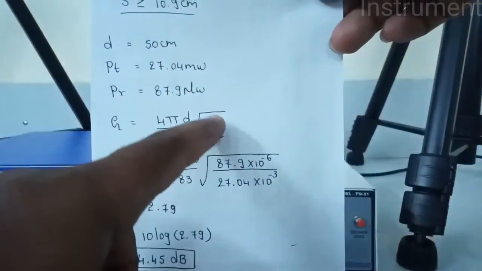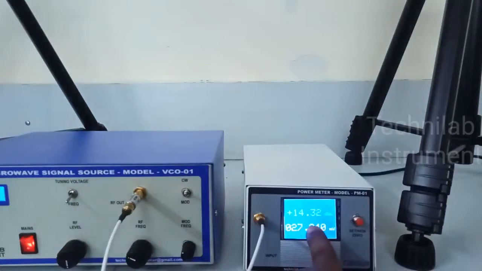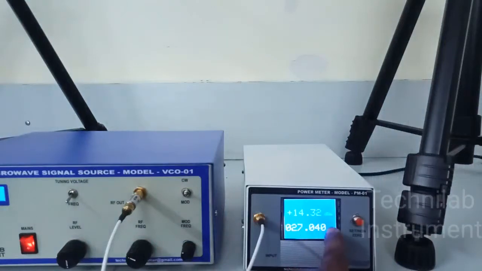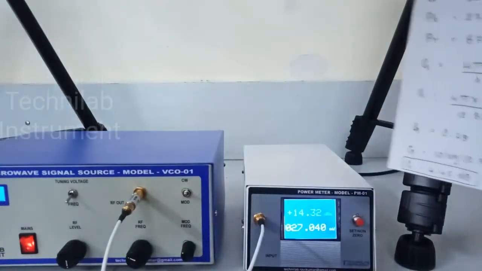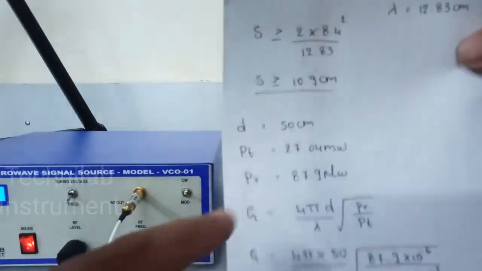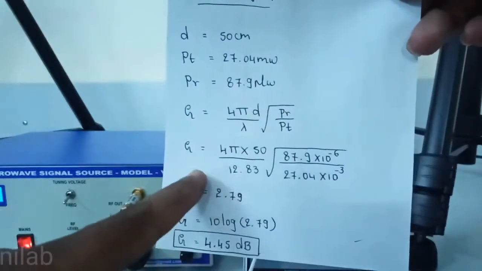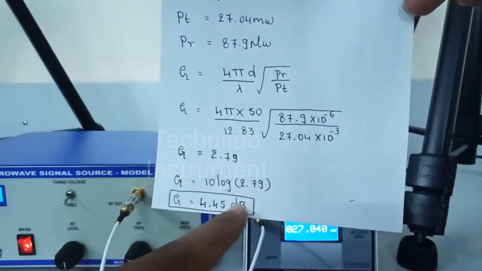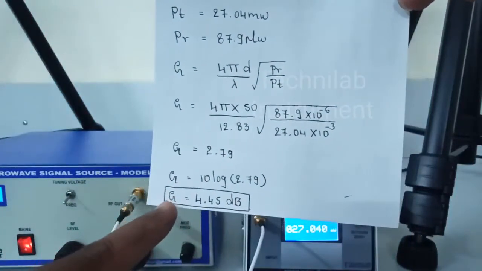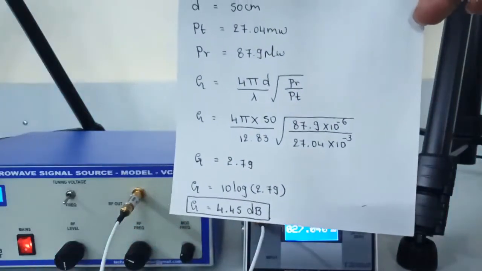When you note down power, here we have two scales: one is dBm, one is power in watts. dBm, again you have to convert into milliwatts. If you note down milliwatts directly, you can insert that power and calculate gain, then you have to take 10 log, and I will get 4.45 dB gain.